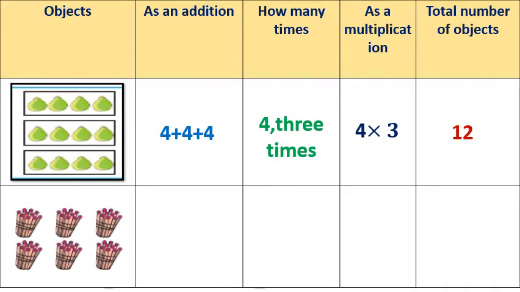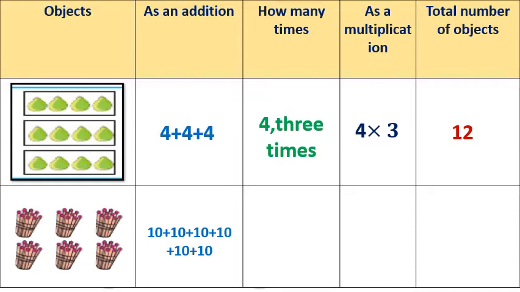Now, second one. Here we can see the matchsticks in bundles. Each bundle has 10 matchsticks. Okay. And how many bundles are there? There are 6 bundles. So, we are going to add 10 6 times. Isn't it? 10 plus 10 plus 10 plus 10 plus 10 plus 10. 6 times we added 10.